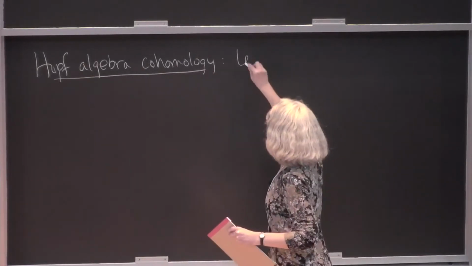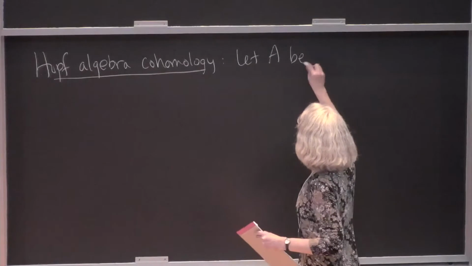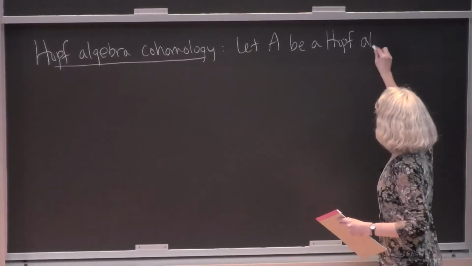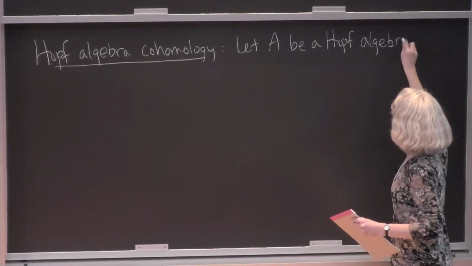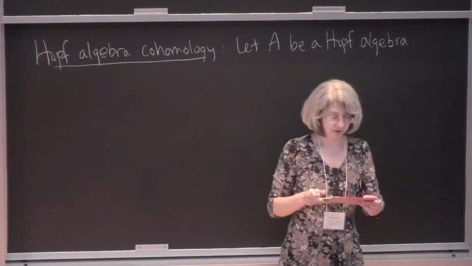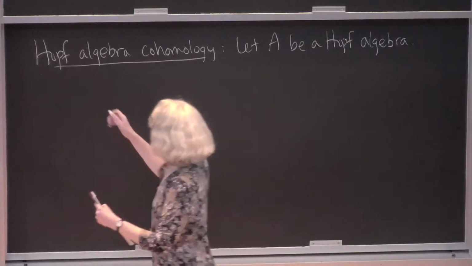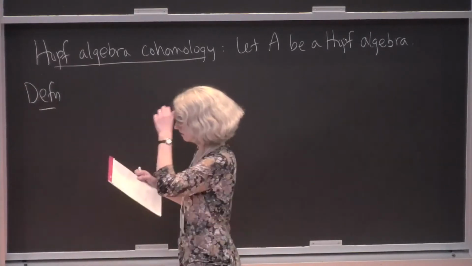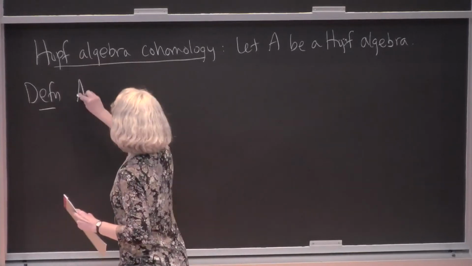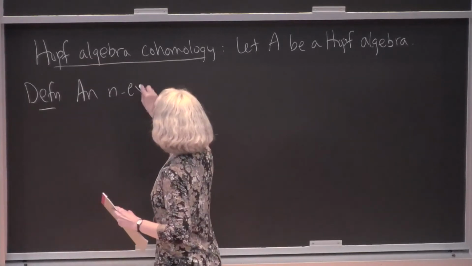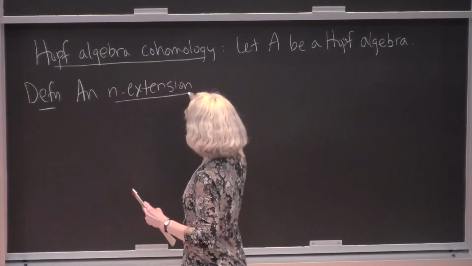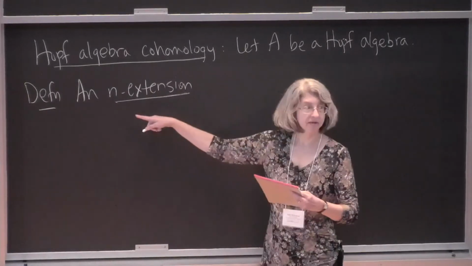Okay, so I'll just let A be a Hopf algebra over a field. And I'm mostly interested in finite dimensional Hopf algebras. So here's a definition. An n extension, n is a positive integer.